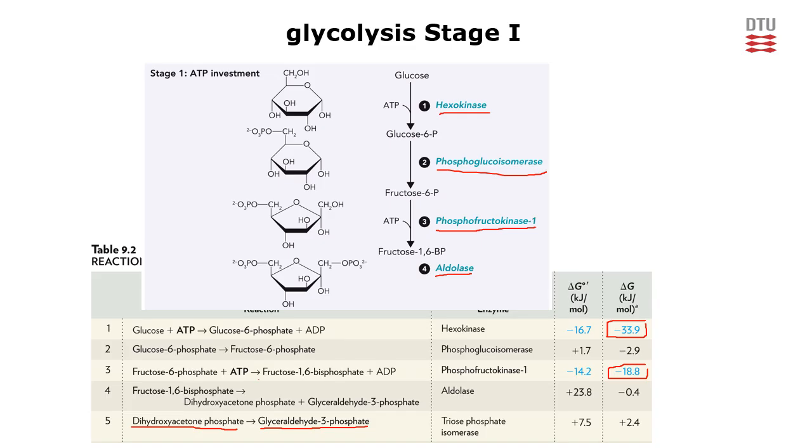If you were to drive these in the left direction, you would need a lot of energy in the form of ATP to drive that reaction. So those 2 steps are virtually irreversible. That's important to keep note of when we're going to talk about the glycolysis in the next sets of lectures.